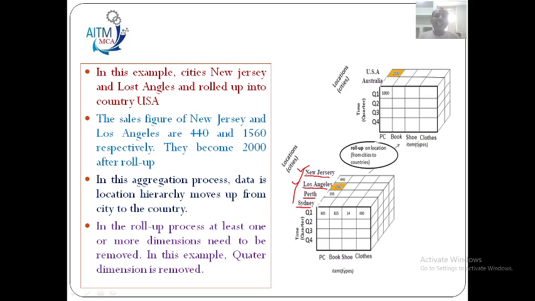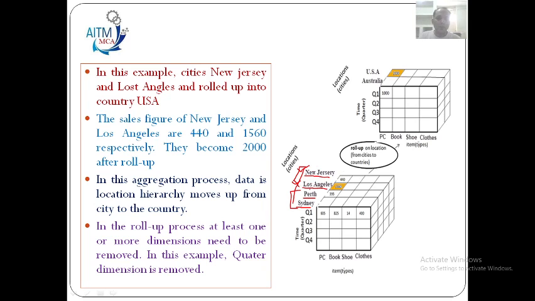So, instead of displaying the city information, I will combine those cities and get the information of the USA. Perth and Sydney belong to Australia, and these two belong to the USA. So now I reduce the dimension from cities to country.